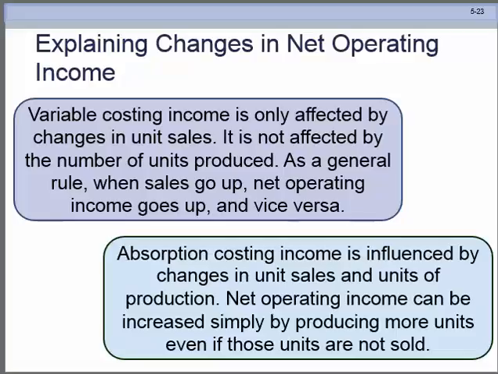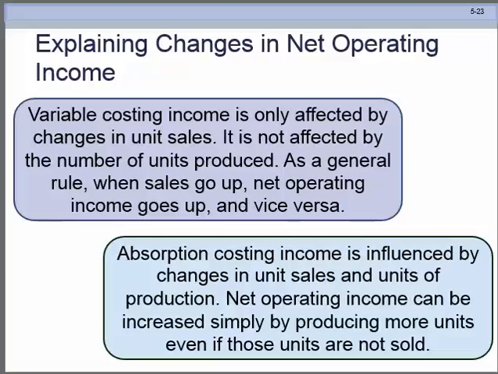Okay. Now let's explain some changes in the net operating income. Under variable costing, we only are looking at changes in units sold. We're not looking at the number of units produced. We're looking at the number of units sold.